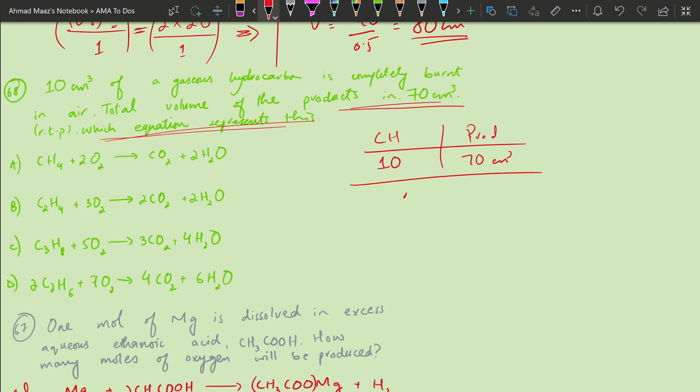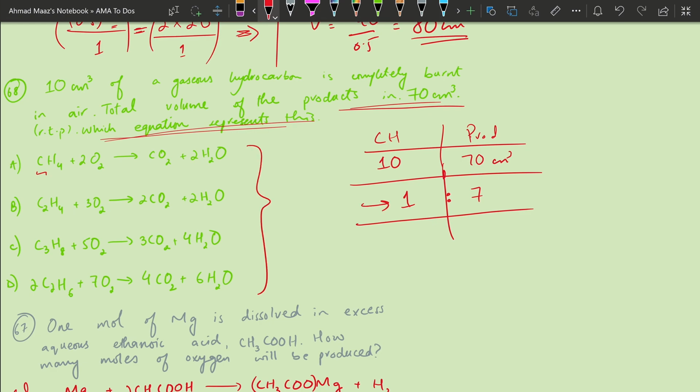So we can say that this is in the ratio 1:7, and we know that equal moles of gases occupy equal volumes. So the other way around will also be true. That means equal volumes of gases will occupy equal moles. So we just need to figure out the ratios from these equations which follow this molar ratio.